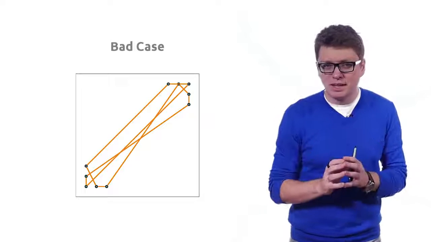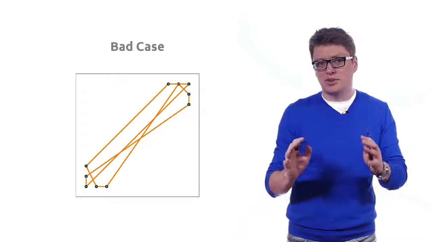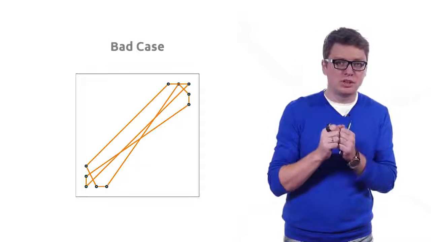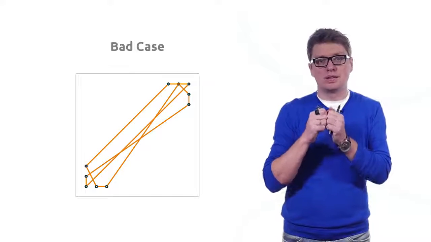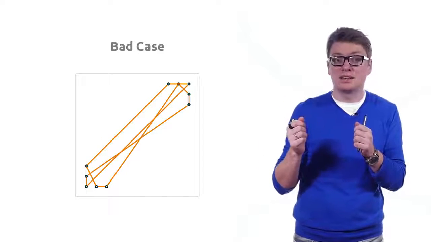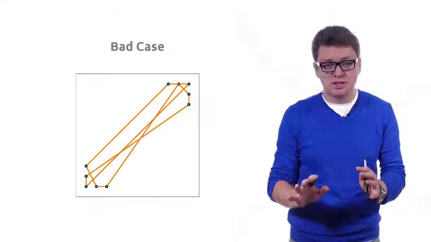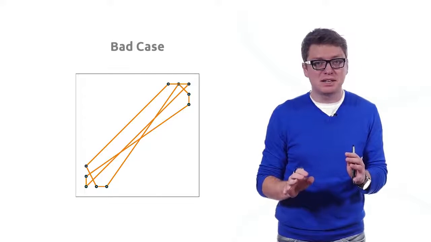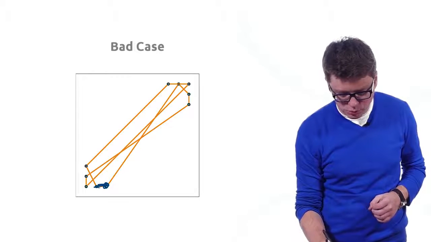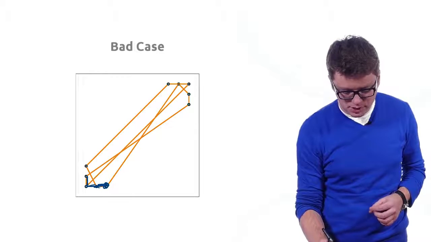And you've probably guessed already, there is a very reasonable heuristic to solve this particular one. From each node, let's go to the nearest node which hasn't been visited yet, right? So this will solve this particular data set immediately, right? Because starting from that node, we will go to that one, then to that one, then to that one.